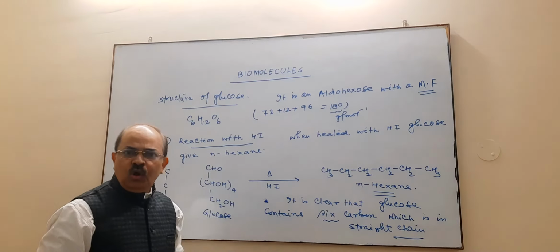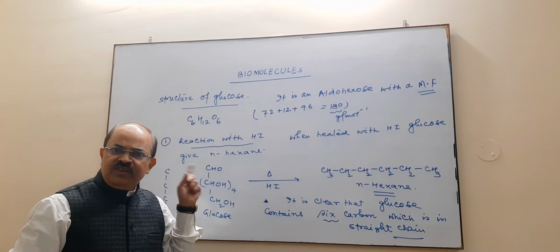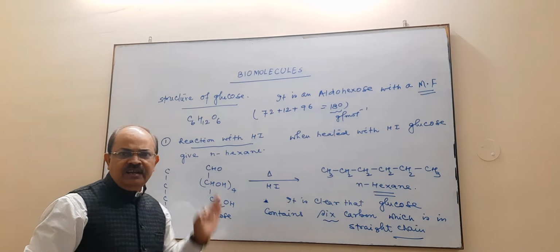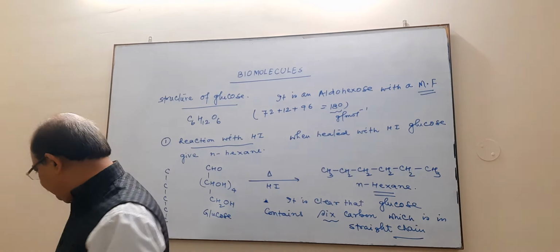It means glucose contains 6 carbon and all the 6 carbon they are in straight chain.